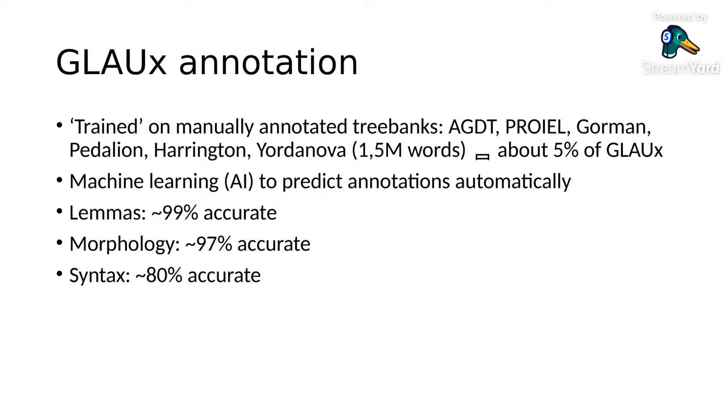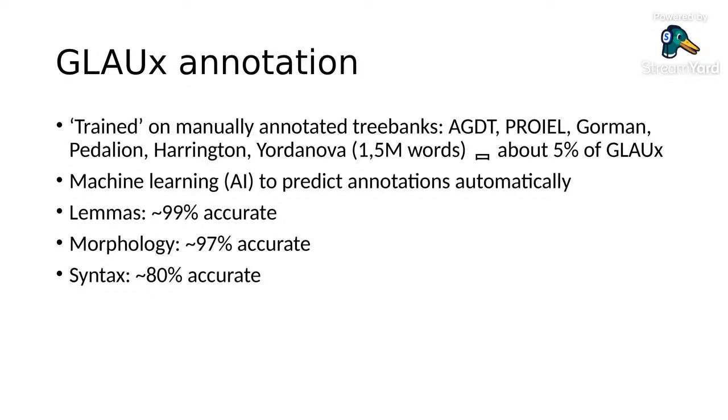Then I used AI systems, or machine learning as a more technical term, to look for statistical patterns in this data. In which cases can we expect subjects, for example? In which cases can we expect that something is the nominative case? These machine learning systems then try to replicate the patterns they have learned from the manually annotated treebanks on new texts. So a small part of CLAUX is manually annotated, about 5%, which is just those minimal treebank projects.